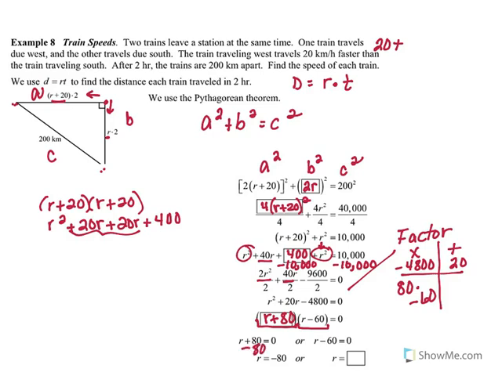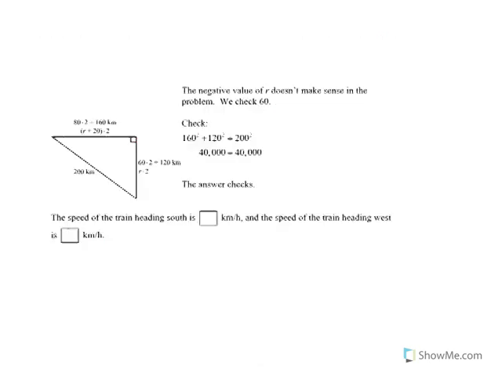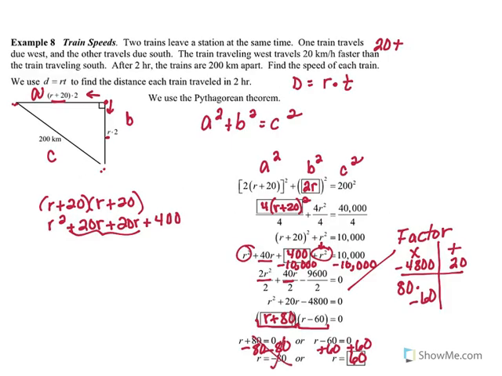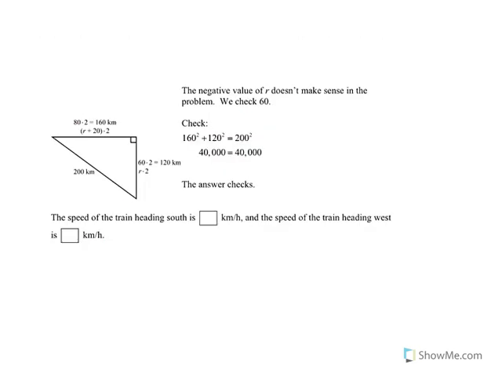When I solve and subtract 80 and add 60, I end up with r is negative 80 and r is 60. Well, we know that a negative value doesn't make sense in the context of the problem, so we can completely ignore this negative 80, because we can't go negative 80 kilometers per hour.